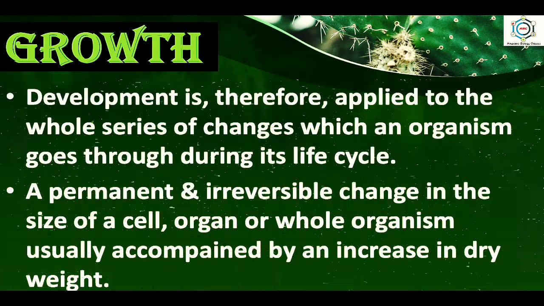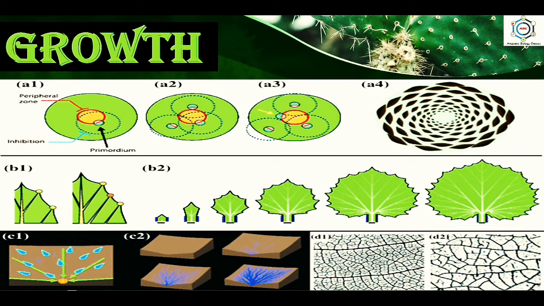So, what is morphogenesis? Morphogenesis is the development of the shape of cells and organs. Differentiation, on the other hand, is applied to the qualitative differences between cells, tissues, and organs. For example, a cambium cell differentiates to produce xylem or phloem cells, or a vegetative bud is transformed into a flowering bud.